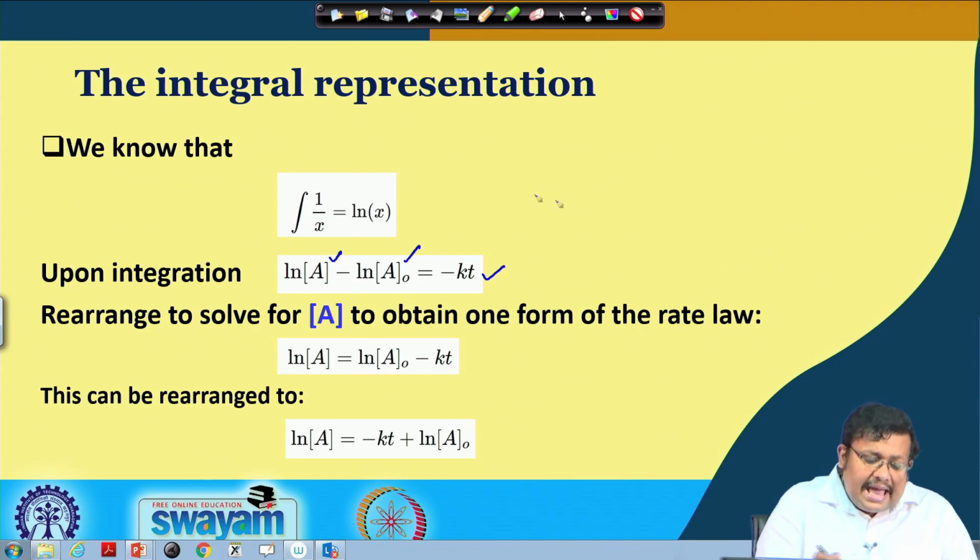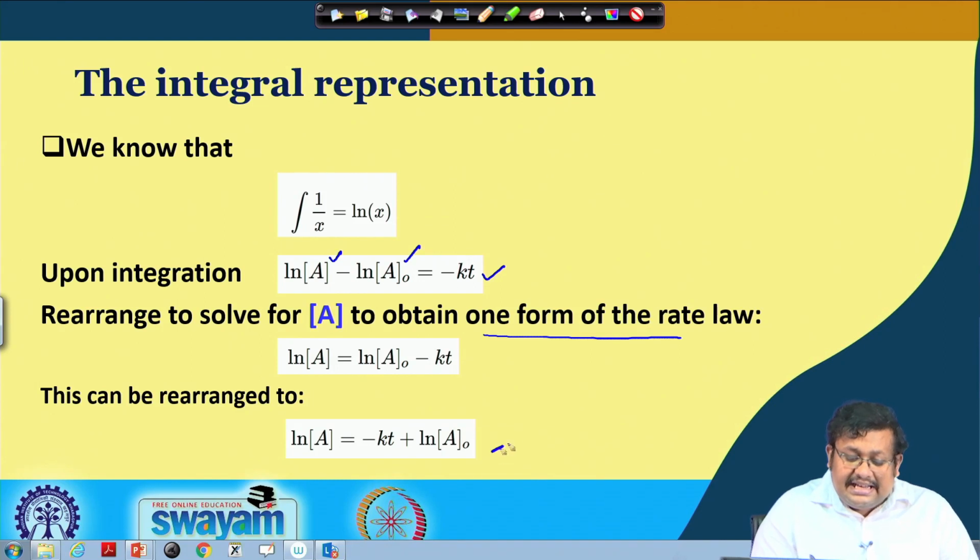Now, if we rearrange this equation to solve for the concentration of A, we obtain one form of the rate law: log of A equal to log of A0 minus kt. This can be further rearranged to log of A equal to minus kt plus log of A0, the concentration of A at time 0.